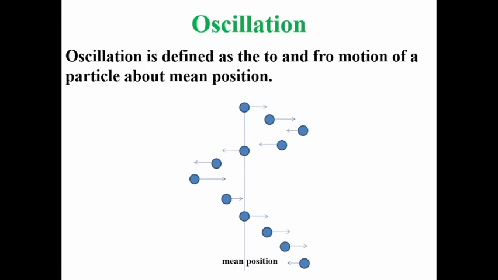Suppose the particle starts from this position and moves towards the right direction and reaches this extreme position, and then it reverses its direction and goes to the left direction. From this position it again reverses its direction. So this is the to and fro motion of the particle, and this is called oscillation.